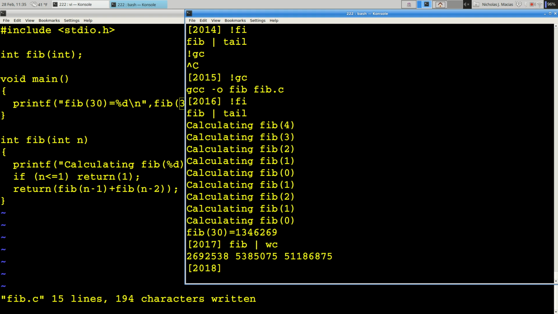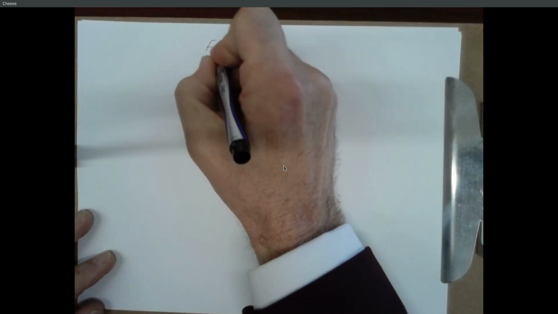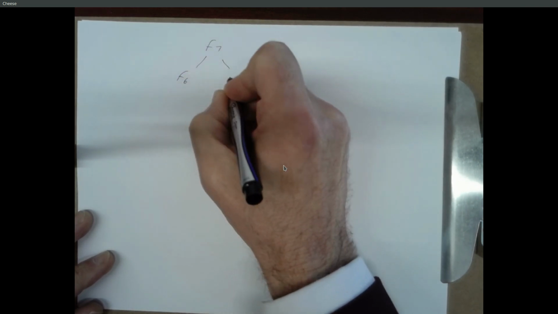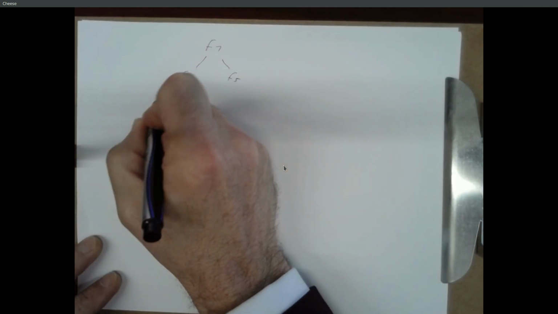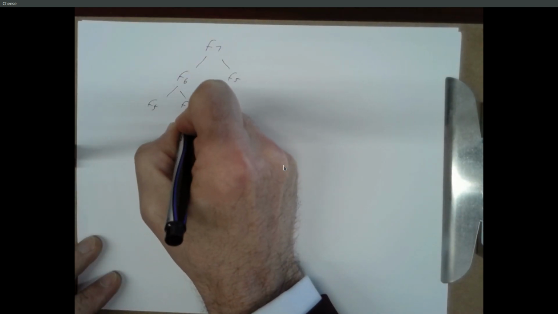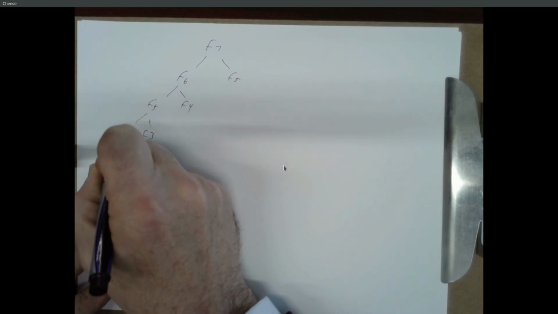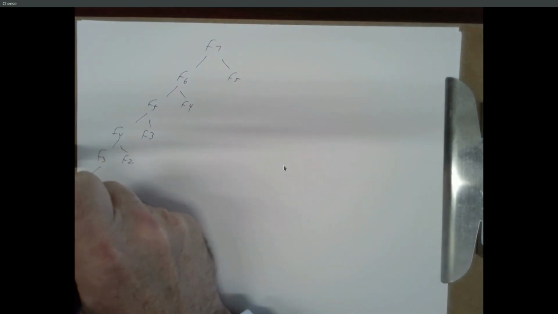Alright, so what's going on here? We want to calculate F7. We have to calculate F6 and F5. To calculate F6, we need F5 and F4. To calculate F5, we need F4 and F3. To calculate F4, we need F3 and F2. F3 needs F2 and F1.